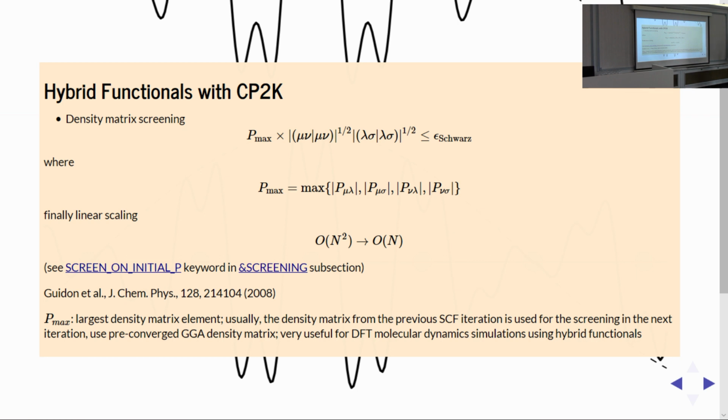This is particularly good for molecular dynamics, when the configurations are very similar to each other and the density matrix is only changing fairly slowly from step to step, so that you always have a good guess at the density. If you screen based on that density, you go down to order n.